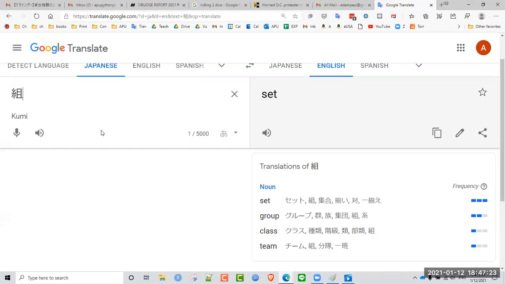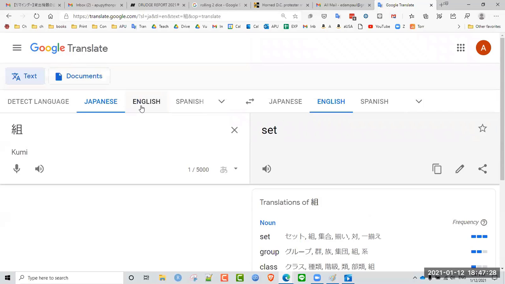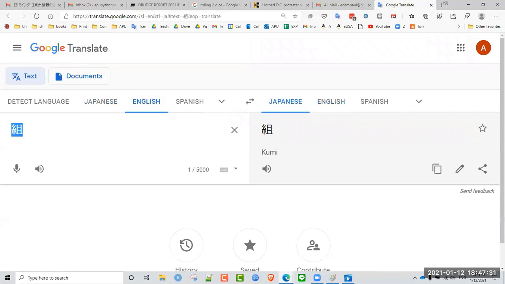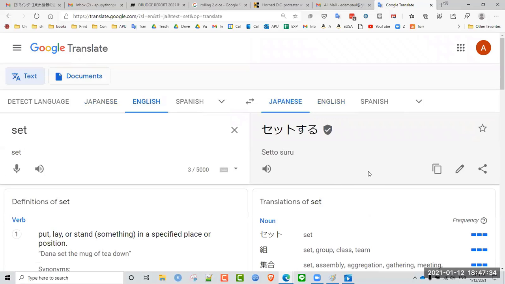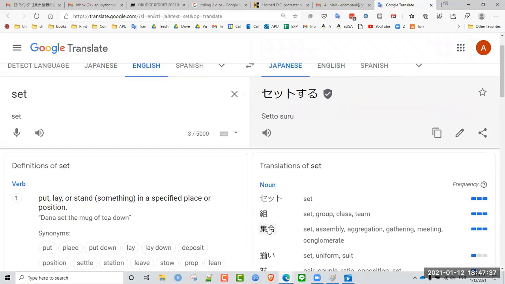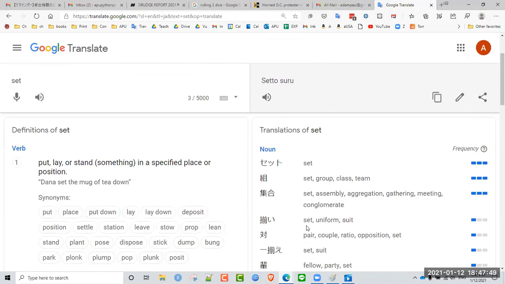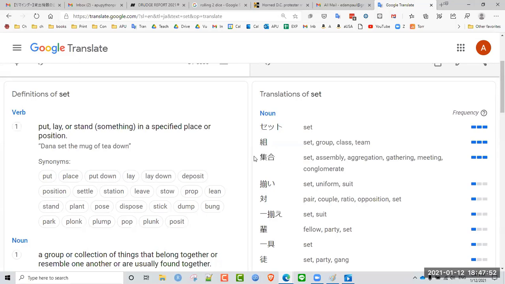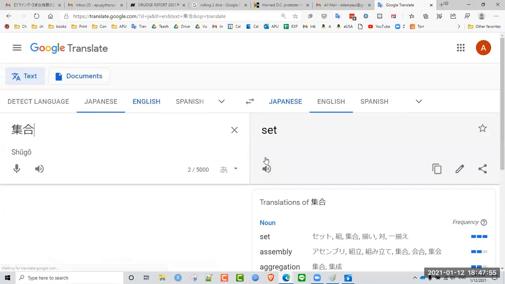I don't think so. Kumi is just a little bit different. We say something like kumiawase. Actually, the word for mathematical set in Japanese is shugo. Okay, is it listed here? Yes, shugo. Okay, so that's set.